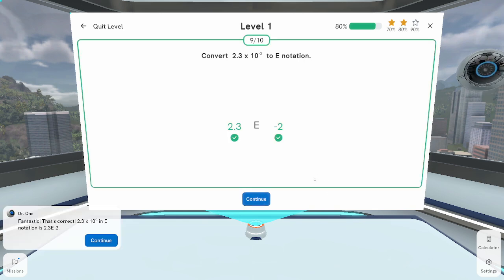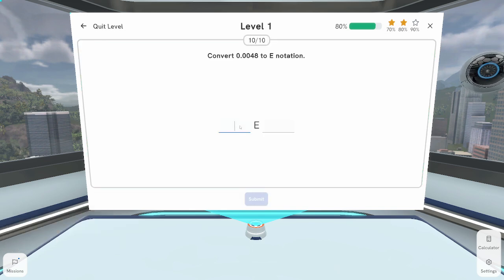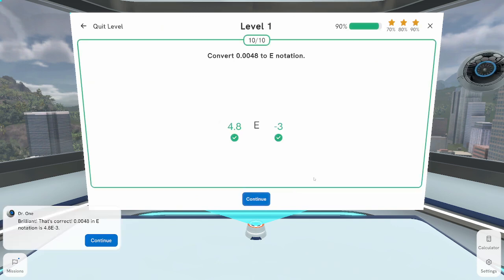Fantastic. That's correct. 2.3 times 10 to the power minus 2 in E notation is 2.3 E minus 2. Brilliant! That's correct. 0.0048 in E notation is 4.8 E minus 3.